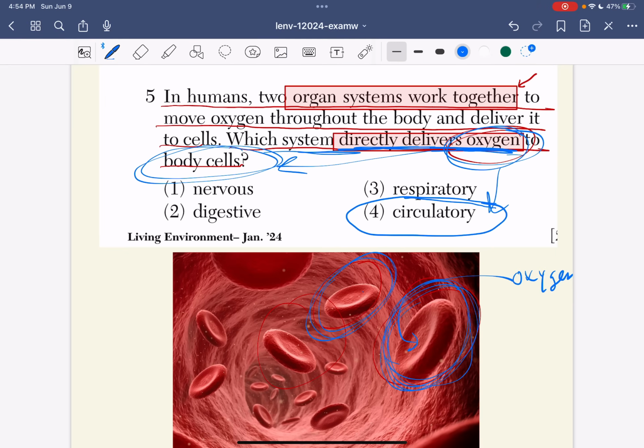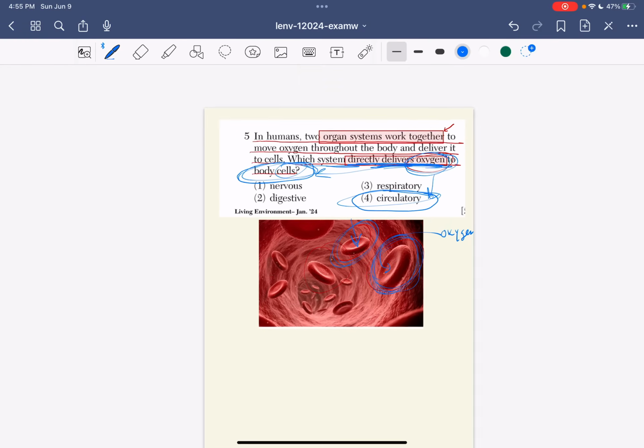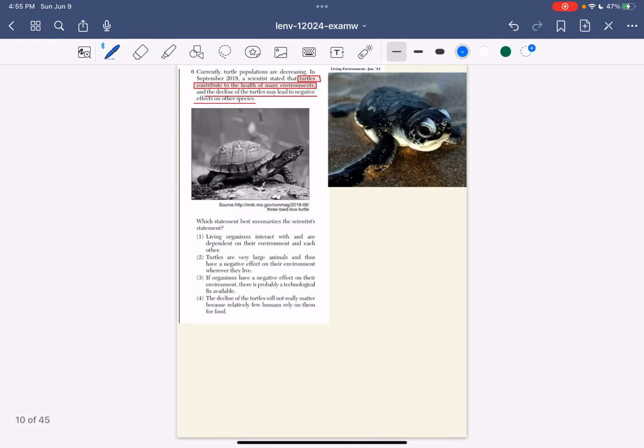But the key word here is to your cells. The oxygen has to already be in your blood, and that the respiratory system does. But to deliver the oxygen to your body cells, that's the circulatory system. So 5 is 4.